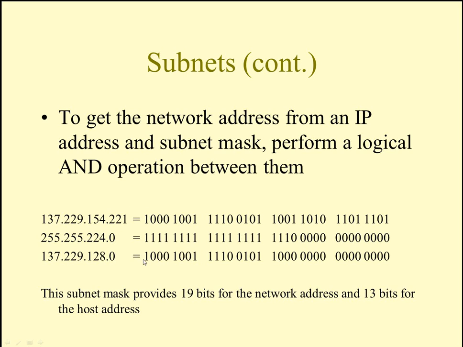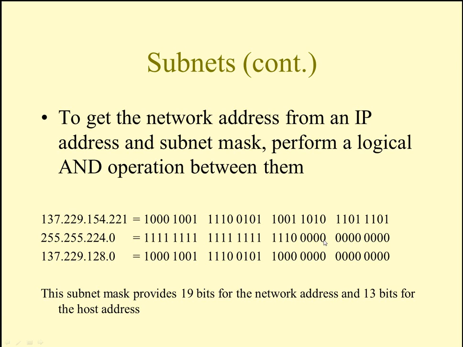And then we just start ANDing these bits together, and in this case this is going to give me my network address. So here's my 137, here's my 229, and now here's where I start to get a little different because my zeros start. 1 and 1 gives me a 1, the 0 and the 1 gives me a 0, the 0 and the 1 gives me a 0.